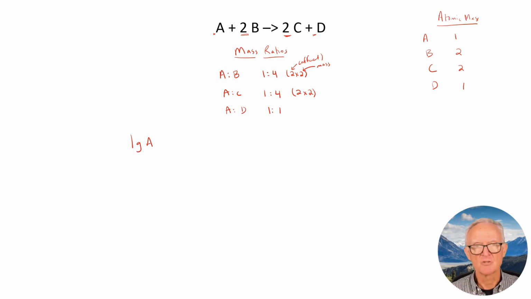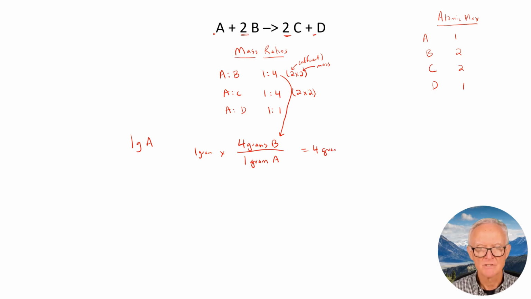We want to consume the entire 1 gram of A. It's easy to do if you have the mass ratios, because we know for every 4 grams of B, we would consume 1 gram of A, and that's just our mass ratio, 4 to 1, B to A. So we take our 1 gram of A, multiply it by our mass ratio, and we get 4 grams of B.